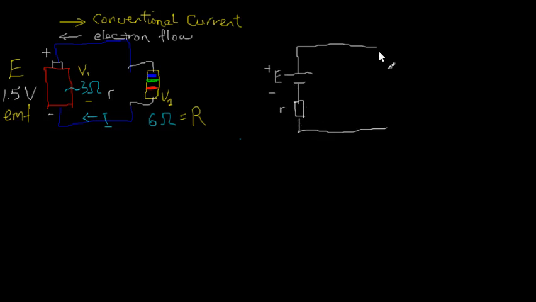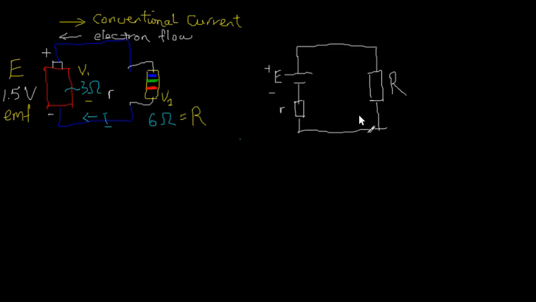Then I can connect this to an external resistance, which I can show as another rectangular box. That's my big R. So in this way, I have a schematic diagram which is easier to draw, and that is supposed to represent the same thing as this.